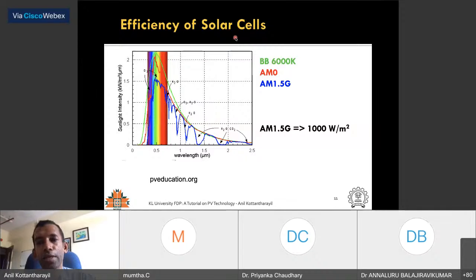That's a tricky question, because if I place a solar cell outside in the sun, in the morning the sunlight is fairly low, then it increases and becomes very high around 1 o'clock or so, and then towards the afternoon and evening it decreases. In the night there is no sunlight, right?